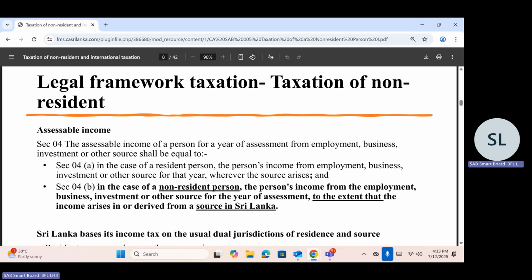If he is a resident, we are not bothered about where the income is generated. But if that person is non-resident, then the second thing we need to check is whether that non-resident person has a source in Sri Lanka. Right? That is section 2.